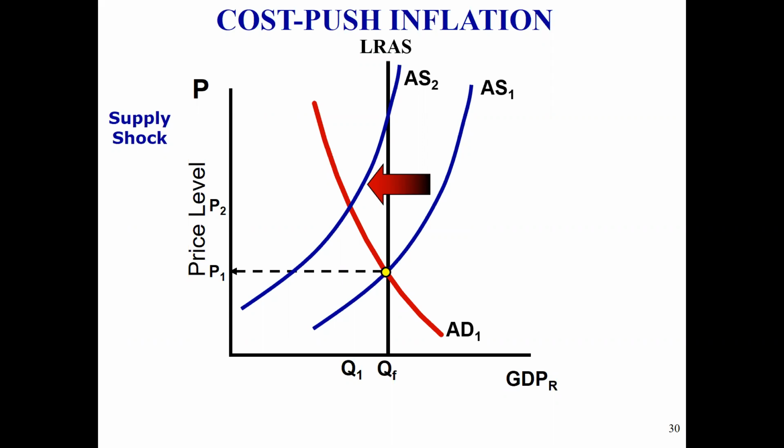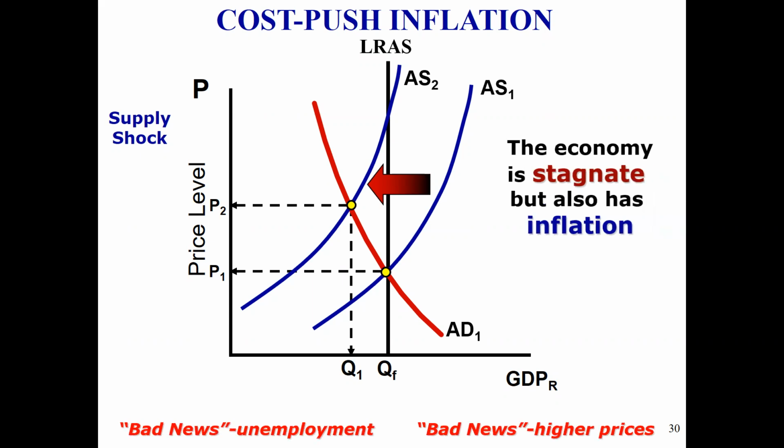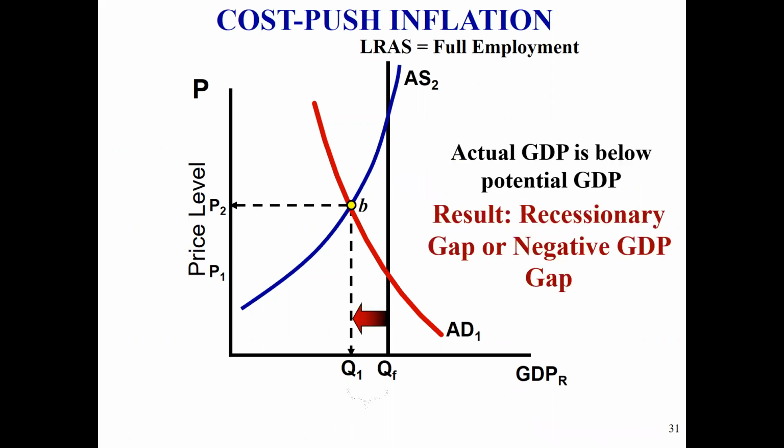And it's a hard one to fix because you have two problems. You have inflation and low output. So it could be cost push inflation or stagflation. I have to think there's a question like that on the unit test because there's always one on the AP exam. And that's any leftward supply shift. And this is cost push inflation.